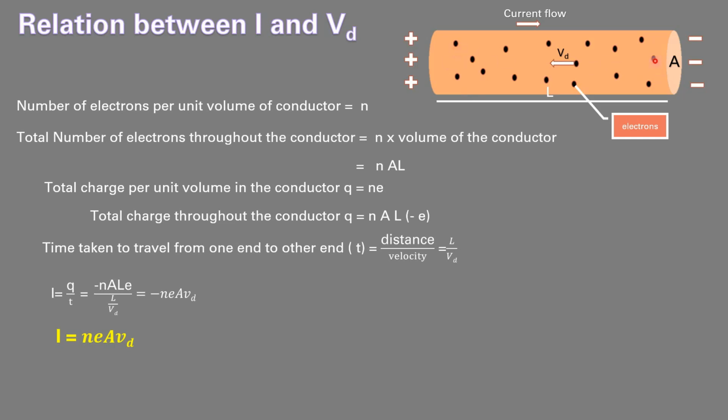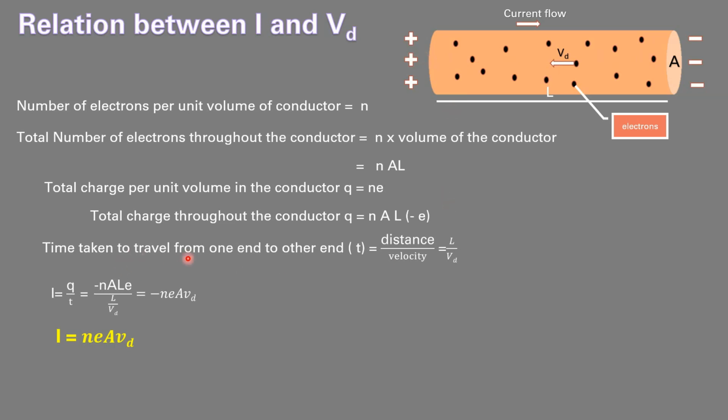As a whole, the set of electrons are moving from the negative terminal side to the positive terminal side. As a bunch they move, and the time taken for this electron to reach this end, let it be t.